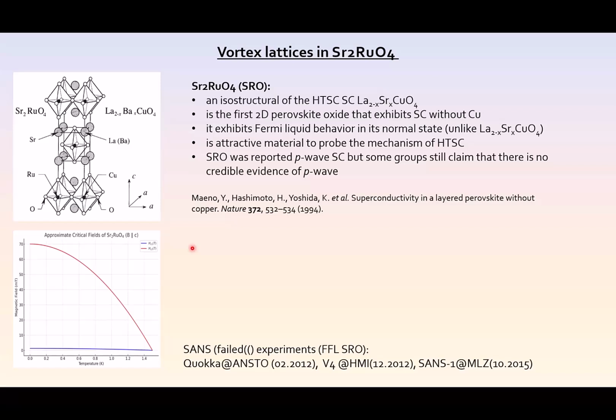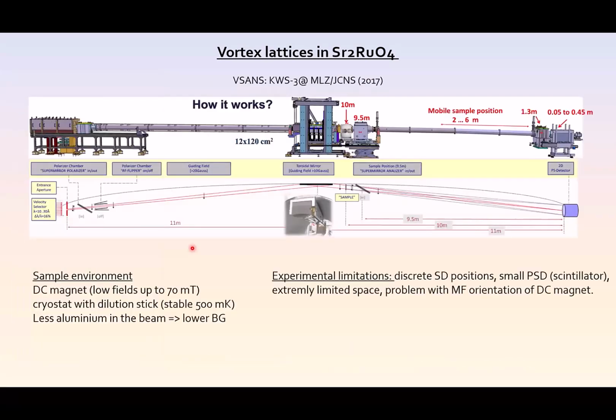So we tried several instruments in Ansto, in Berlin, and also at the Munich reactor, but the results were not so good. And finally we came to the KWS-3 instrument in Munich, where we finally managed to measure.